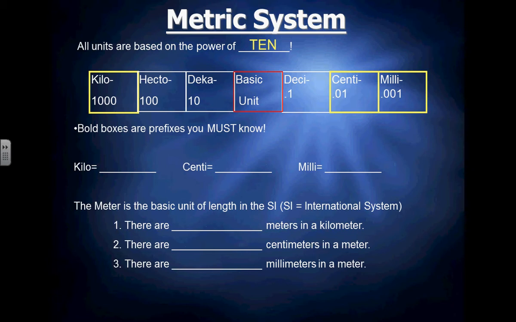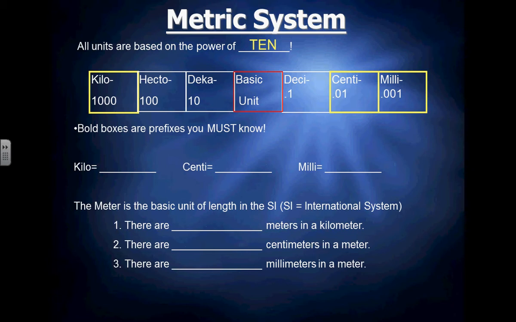Yes. Okay. But, to go from meters to kilometers, do I multiply by 1,000? What would I have to do? I'd have to divide by 1,000. How do I do that? Yes. So if you imagine, I have meters. That's my base unit.